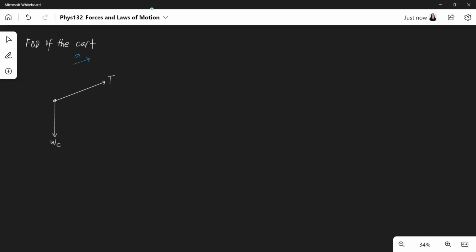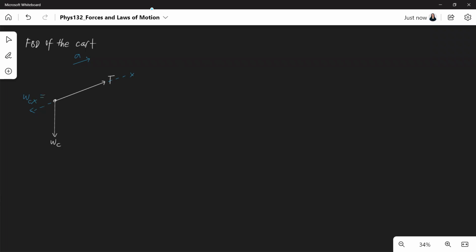So along this axis, you have a component that you can label as W sub x, or weight of the cart, specifically the x component. If we are going to label this axis as the new x-axis, we can rotate the axis so that we can make an equation that is more simple. And that's explained there.